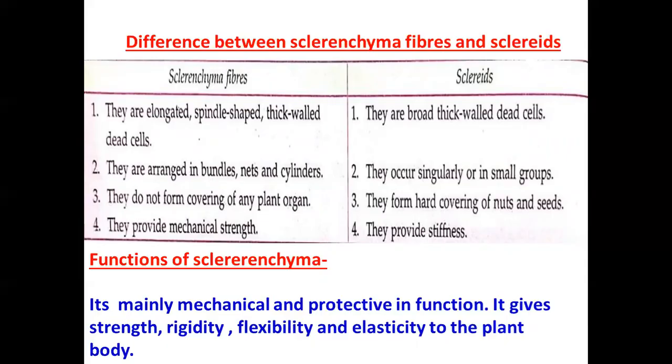Fibers do not form a covering of any plant organ, while sclerites form the hard covering of nuts and seeds. Sclerenchyma fibers provide mechanical strength, whereas sclerites provide stiffness. Clear? So that is the difference.